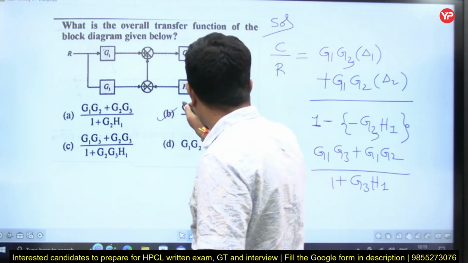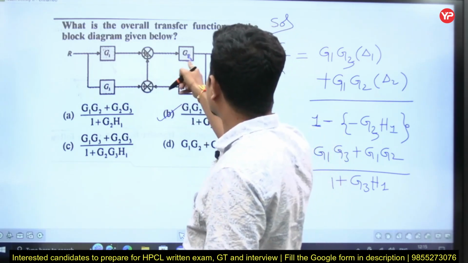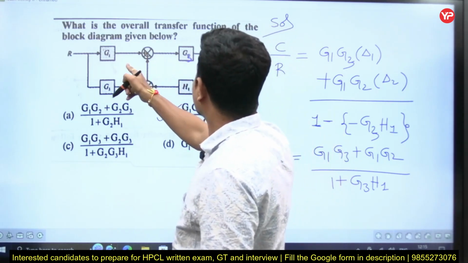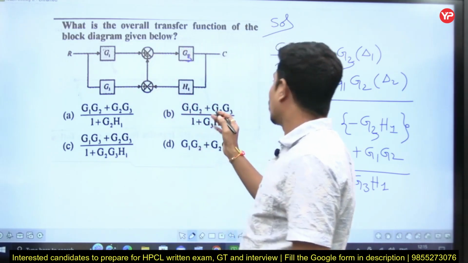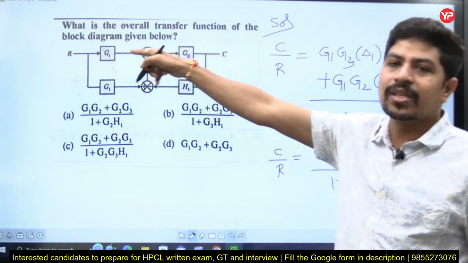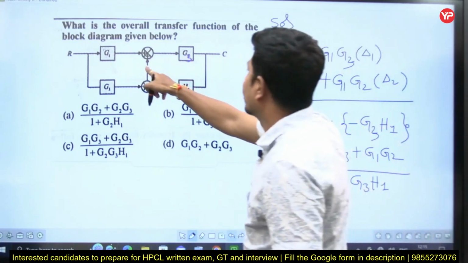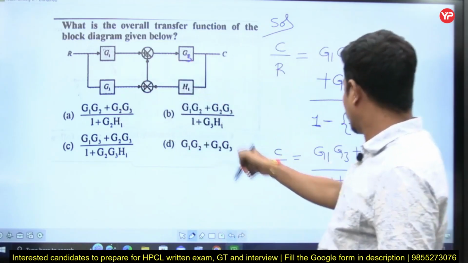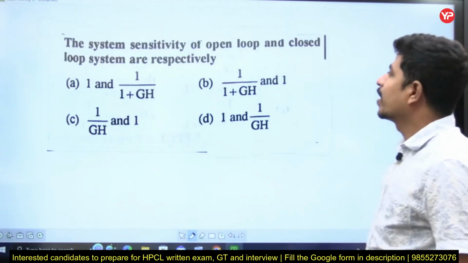So this is matching, but let's be least bothered about the options. There is something missing in the question, meaning the G1 G2 G3 places are mismanaged, but this is the answer for what I have taken. For that, I can say this is the perfect answer. Let's go to the next question.